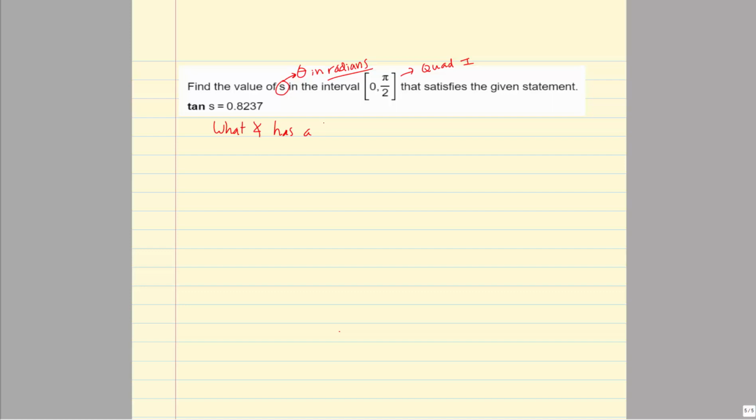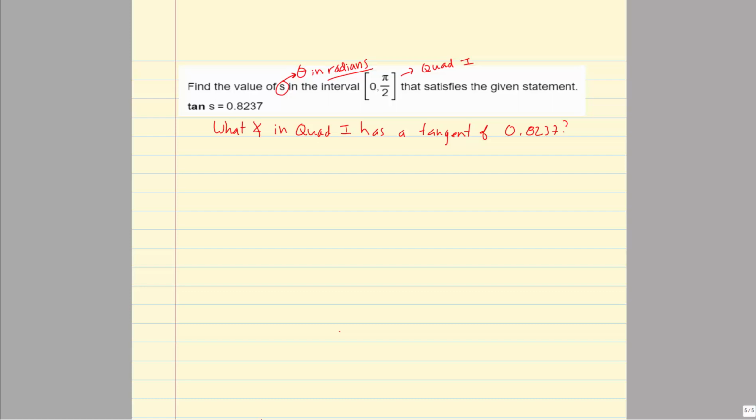Actually, let's go back. What angle in quadrant 1 has a tangent of 0.8237? That's the question that this is asking.